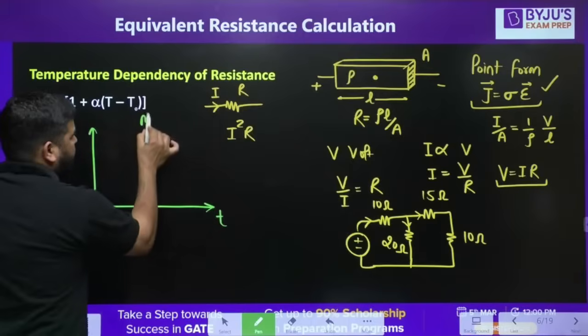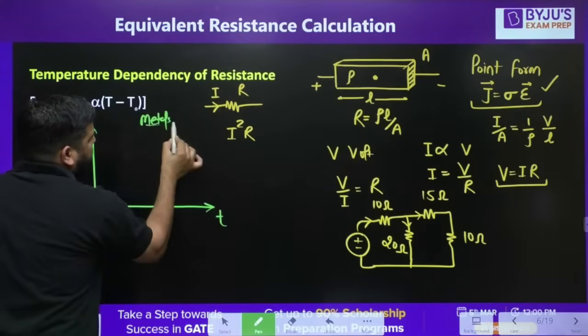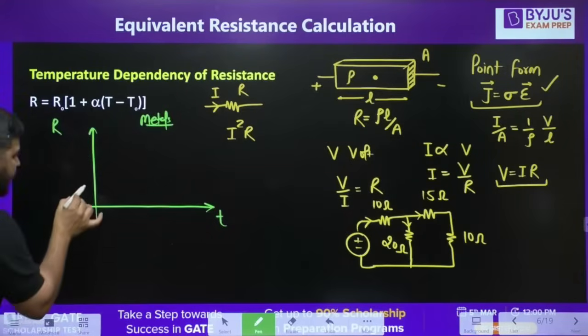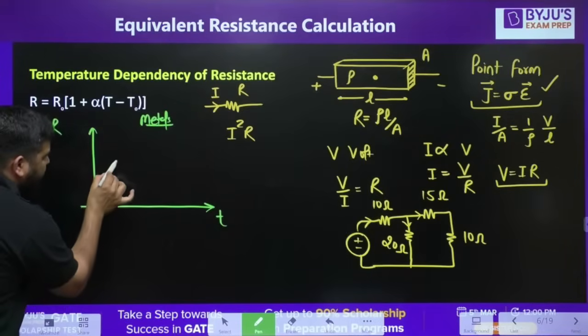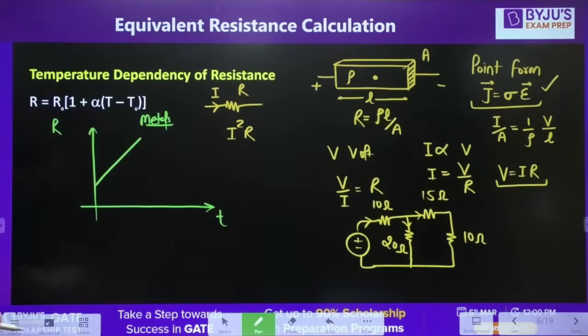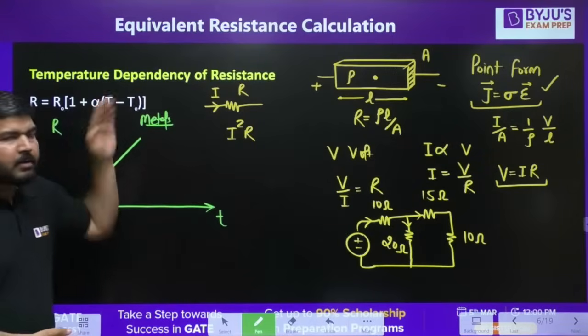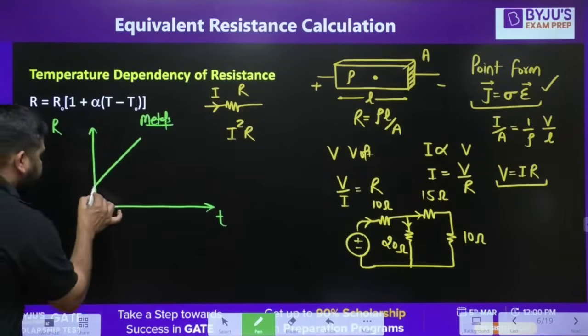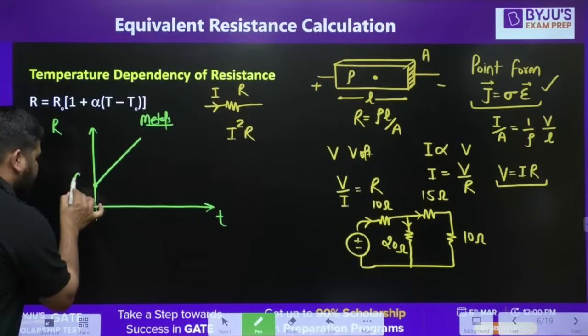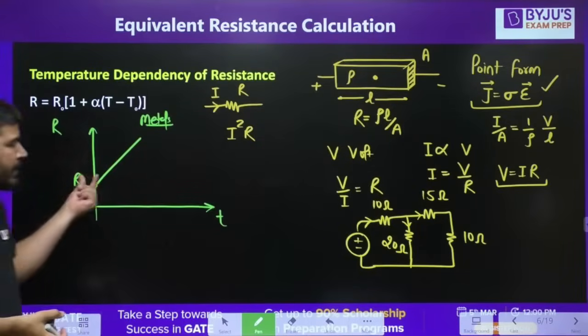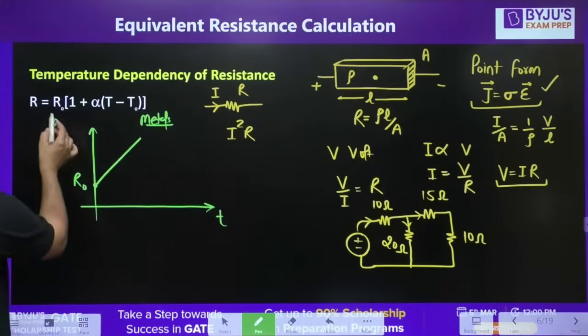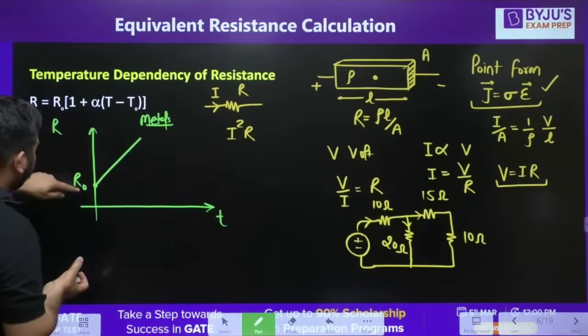In the case of metals, the variation will be like this. It means with temperature, the resistance will rise. Let's say that this resistance is R naught, R naught is the resistance at T equal to 0. Don't confuse this R naught with the other R naught.